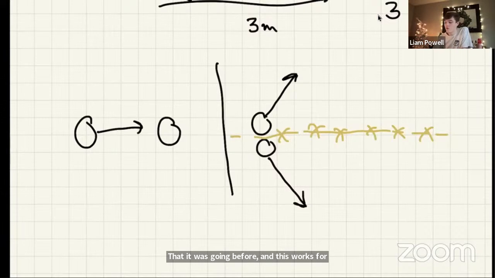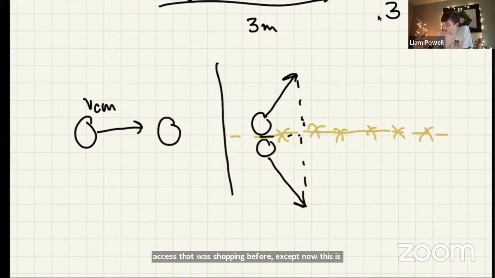The velocity of the center of mass is always going to be equal along the same axis as before. Now we just have to divide this into its x and y components.